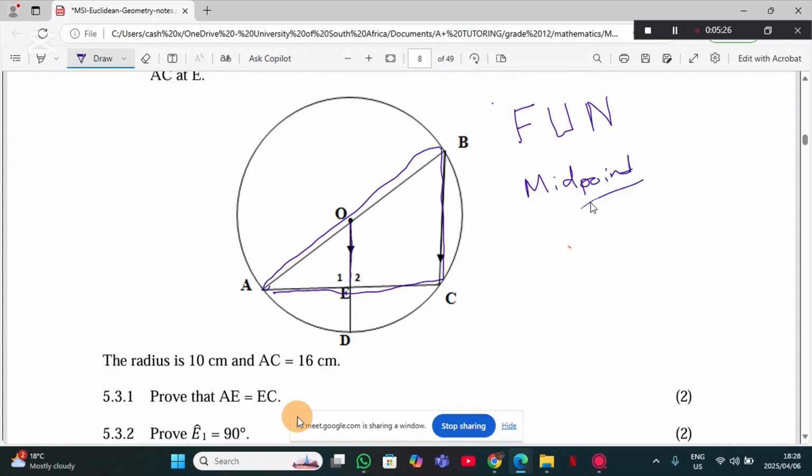The midpoint theorem for triangles says that this line that bisects is parallel to the base, and once I can prove that it's parallel, I will know that this line here is half of that.